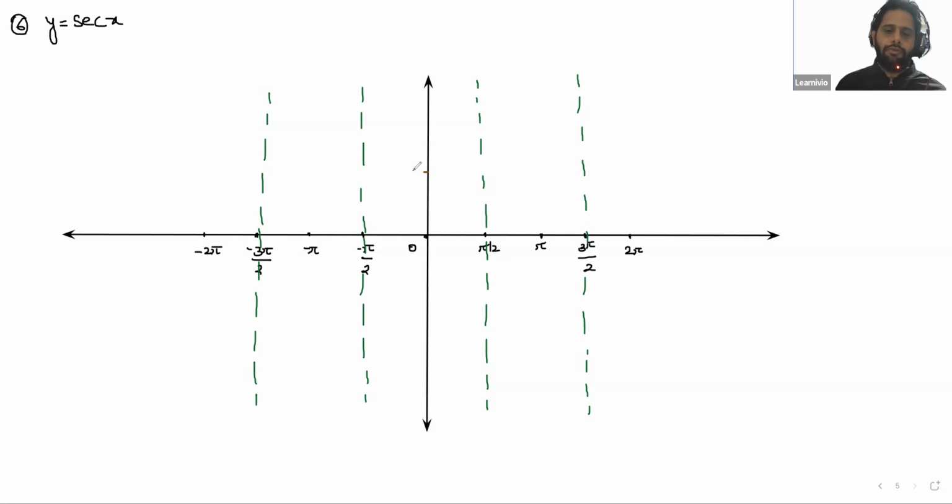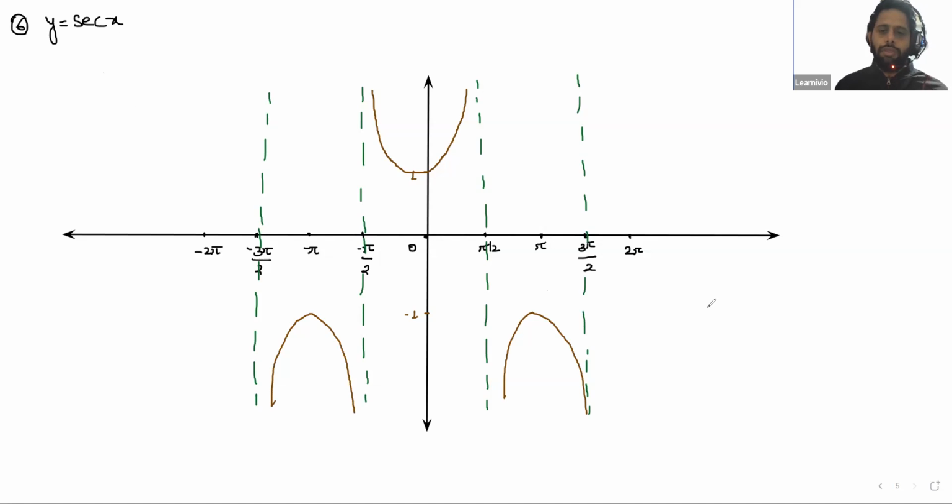For 0, this value is 1. For pi by 2, this does not exist. For minus pi by 2, this does not exist. For pi, the value is -1. Graph it like this. Similarly, for minus pi, the value is -1. So this will be like this.